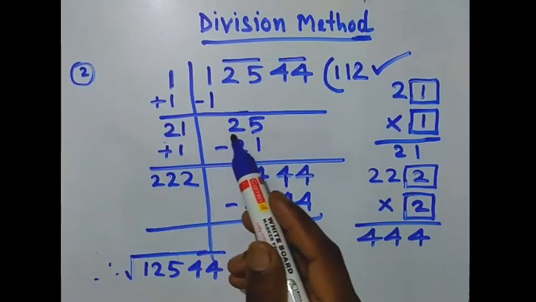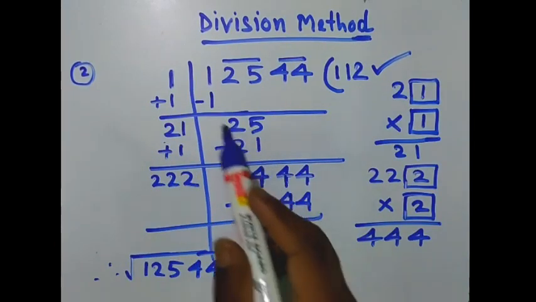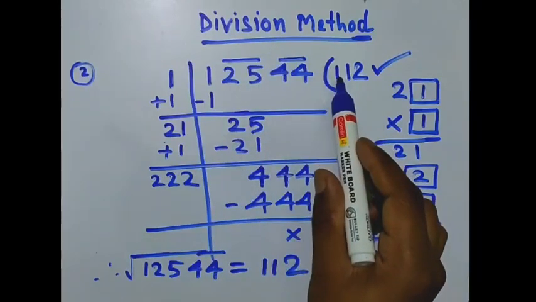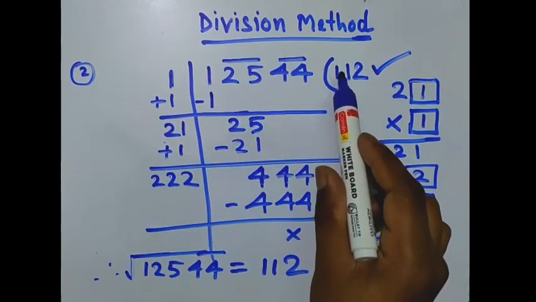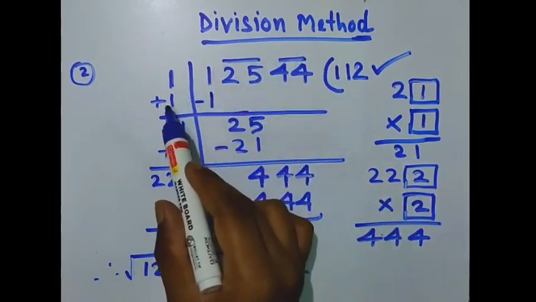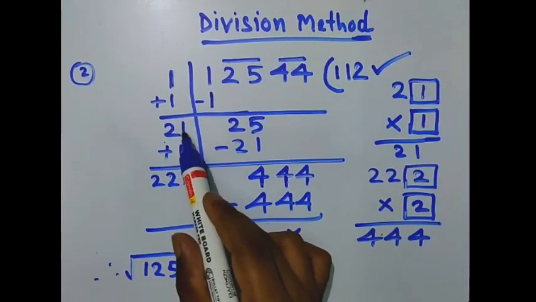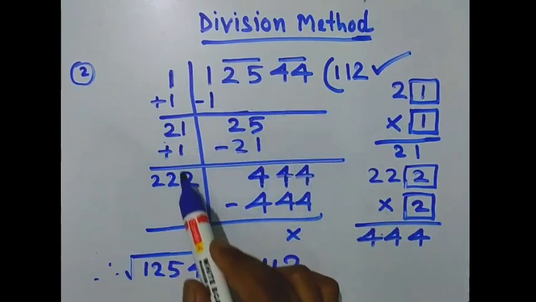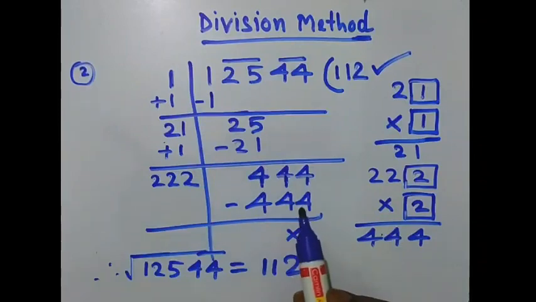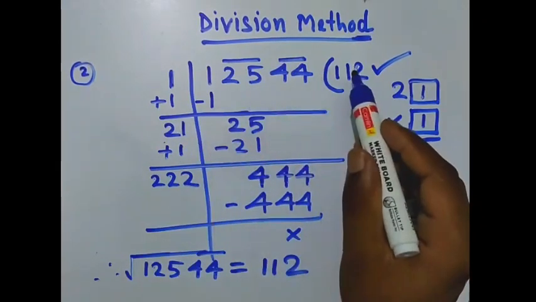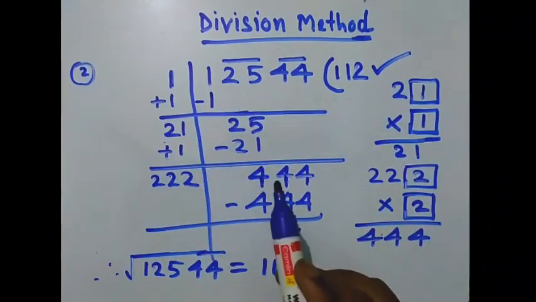Clear? And whatever we put as the quotient, we have to add the same. Clear? So you multiplied 1, we added 1 here. Okay? So whatever number you multiply on top, you have to add below. Keep that in mind.